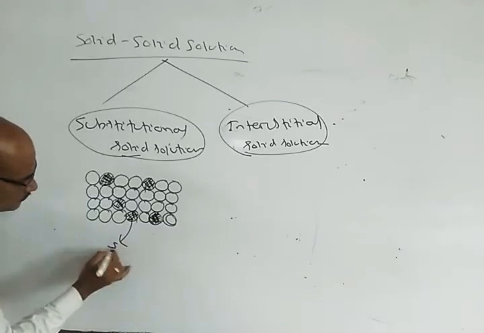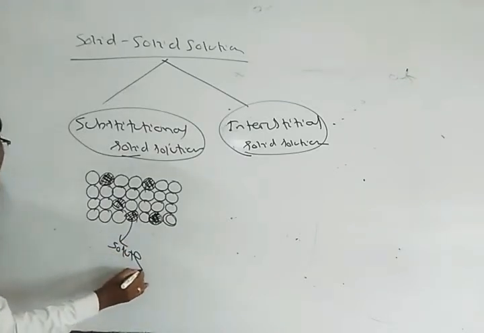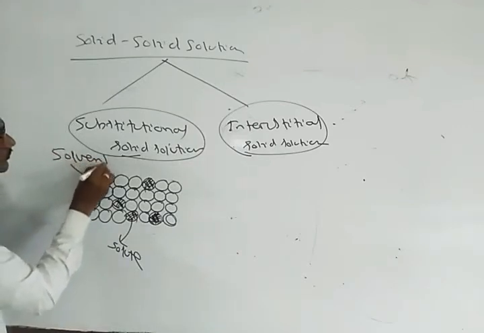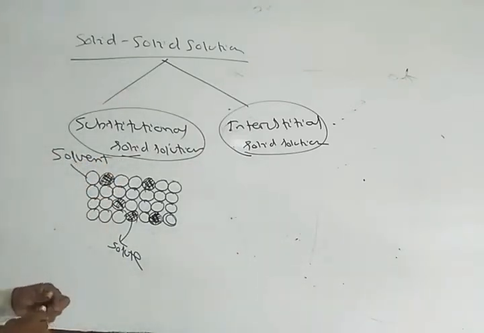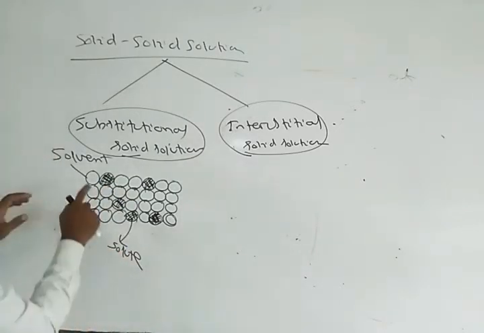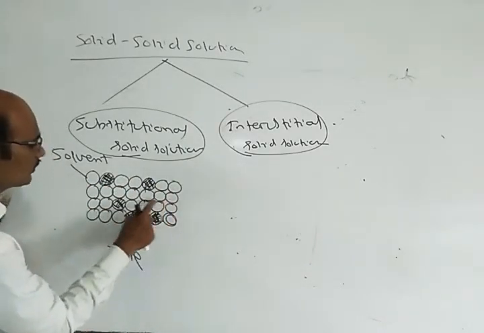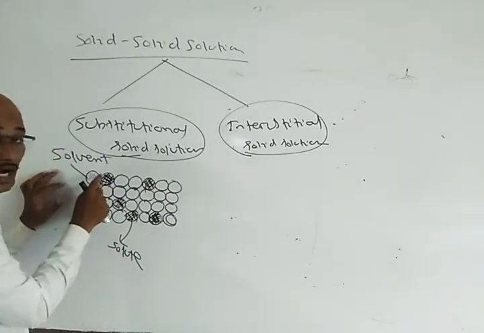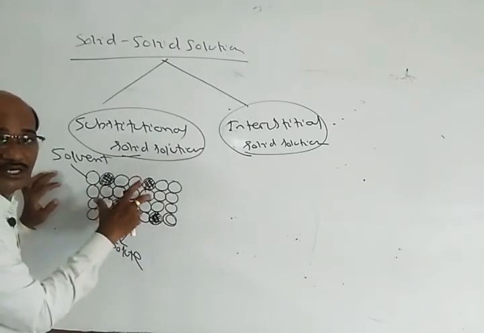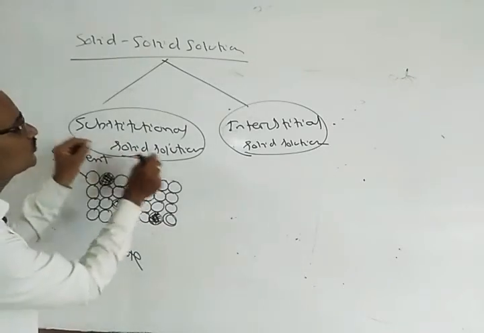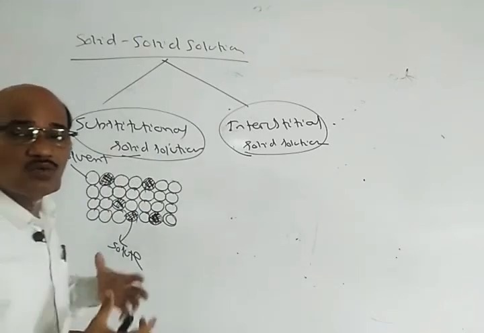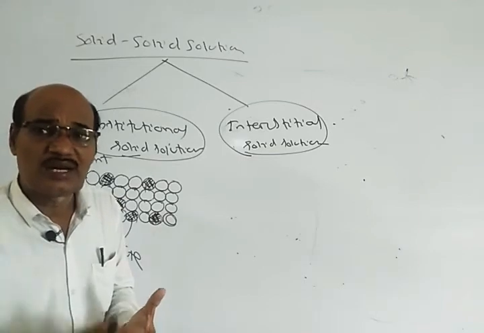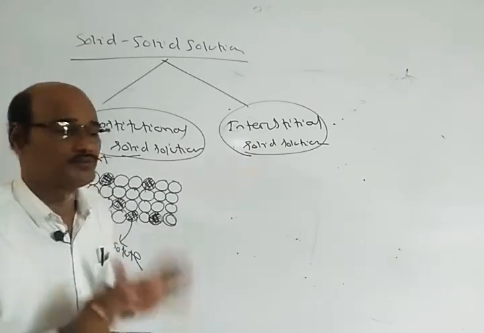These are the solvent. So we have the crystal lattice over here, with unit cells of the one crystal called the solvent, where a small amount of other crystal lattices are inserted. This is called a substitutional solid solution. Where in one crystal lattice other crystal lattices are substituted.